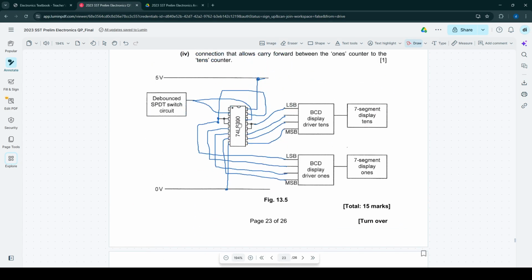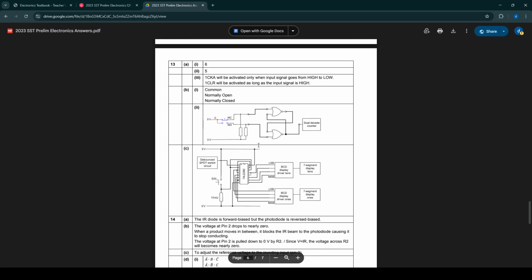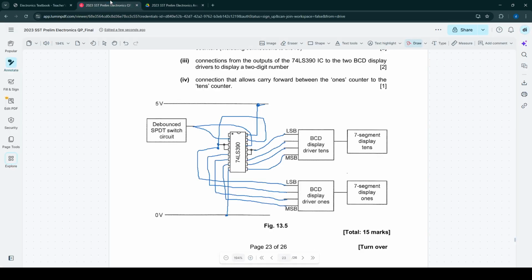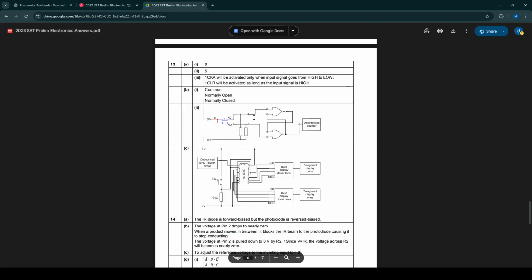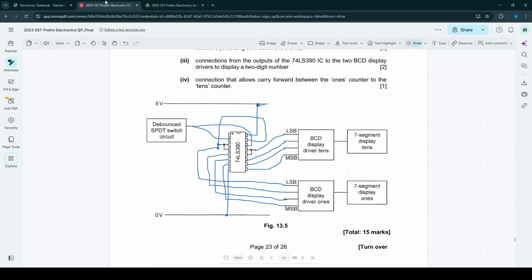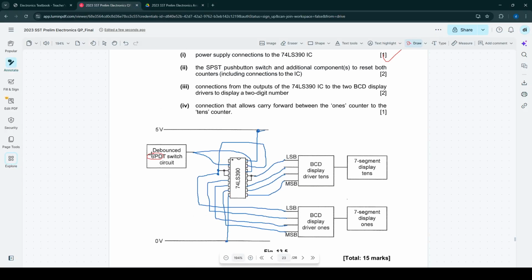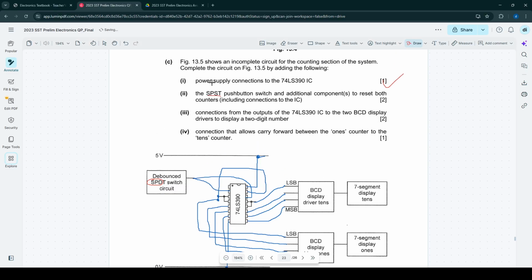Why are they so mean, they don't show the circuit things? So you connected it to 2 and 3. Yeah, but this is a SPDT switch. They asked for SPST, so you got this wrong.